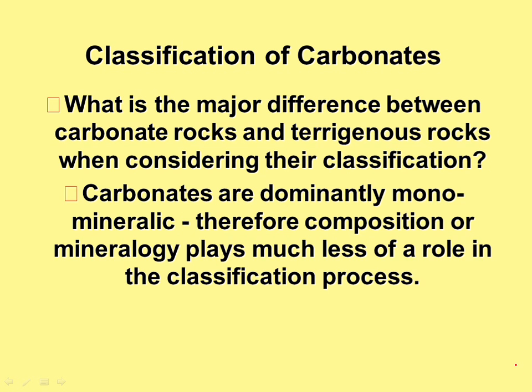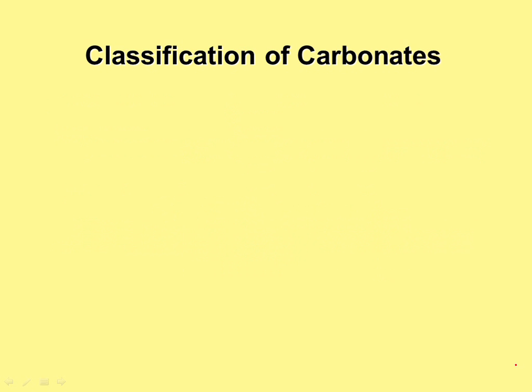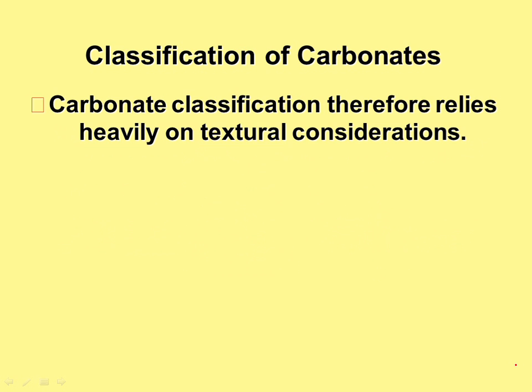Because they're dominantly monomineralic, the texture of the rock becomes a much more important component in classifying carbonate sedimentary rocks. So textural considerations are very important when it comes to identifying and naming carbonates.